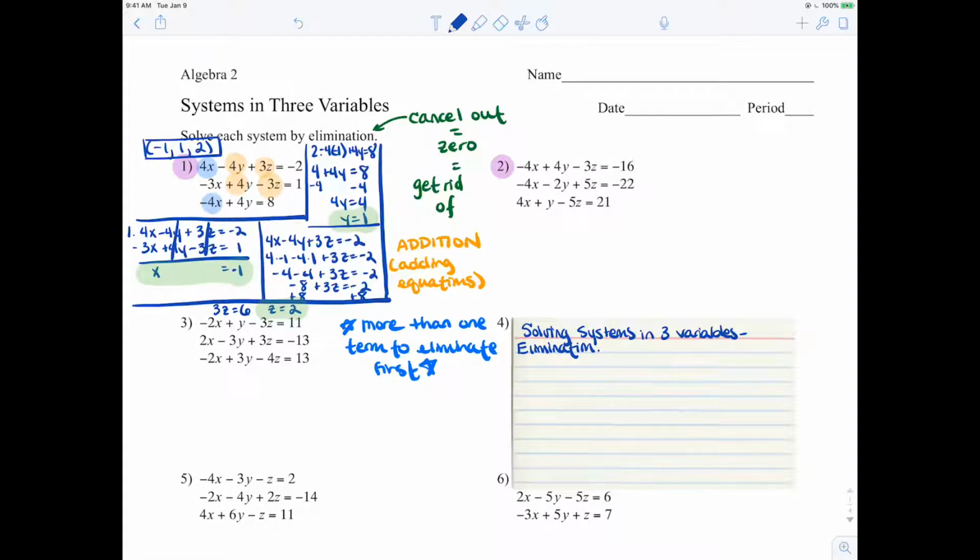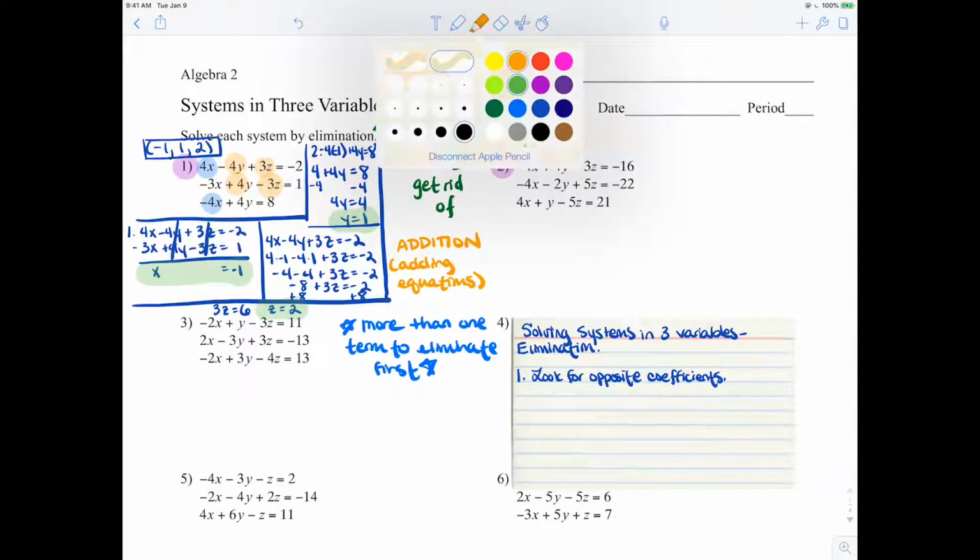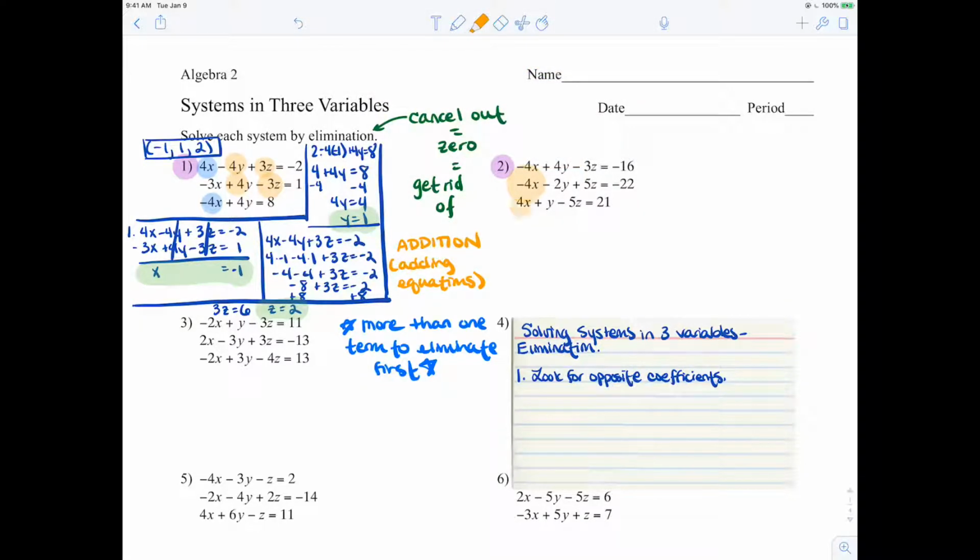And the first step is to look for opposite coefficients. So step number 1 is to look for opposite coefficients. I see that my second and third equations have opposite coefficients: negative 4x, positive 4x.